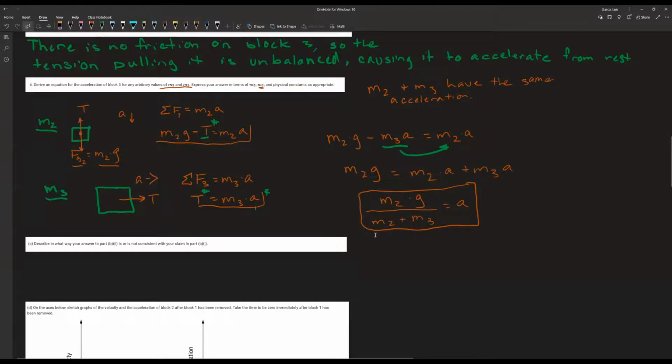So describe in what way your part B is consistent or inconsistent with your claim.